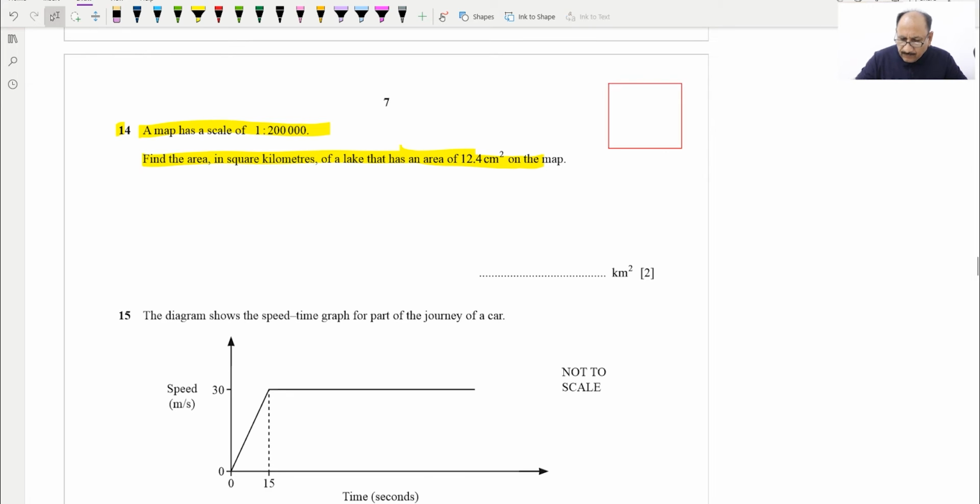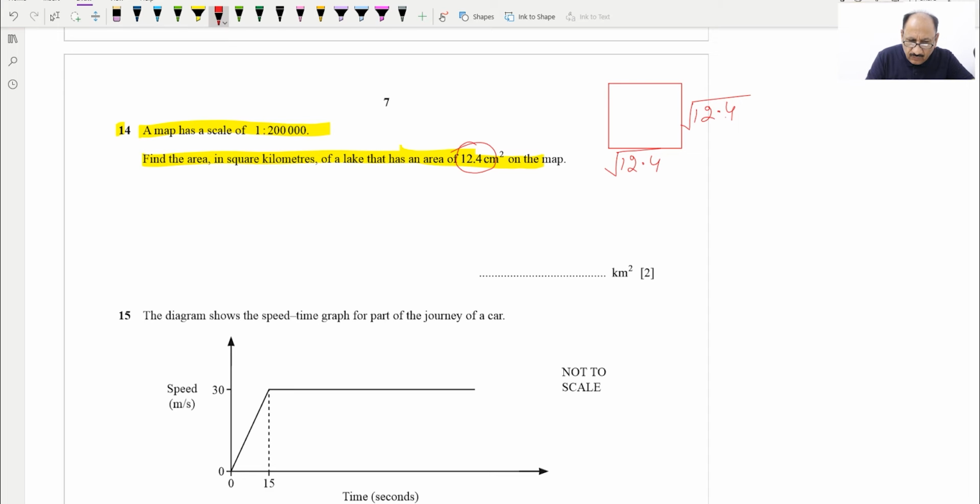Now we can take 12.4 centimeters under root on this side, and 12.4 under root on the other side, because if you multiply these two numbers you will get 12.4.